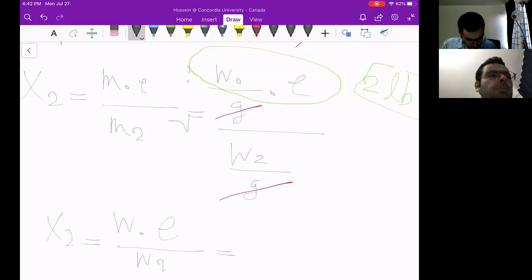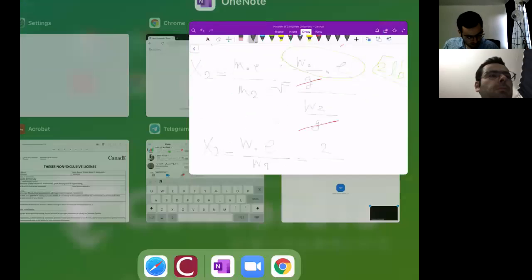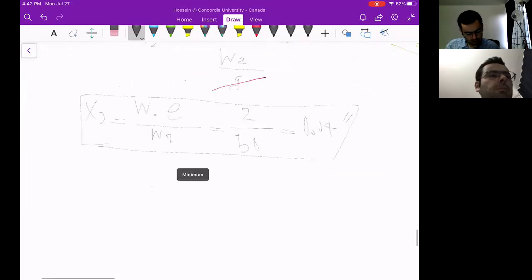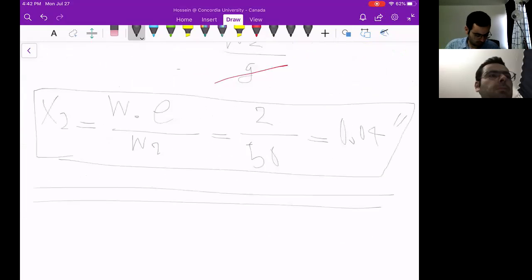The numerator is given as 2, the denominator W2 is 50, so 0.04 inch. This is the amplitude of the absorber mass. If you have any question, just let me know.